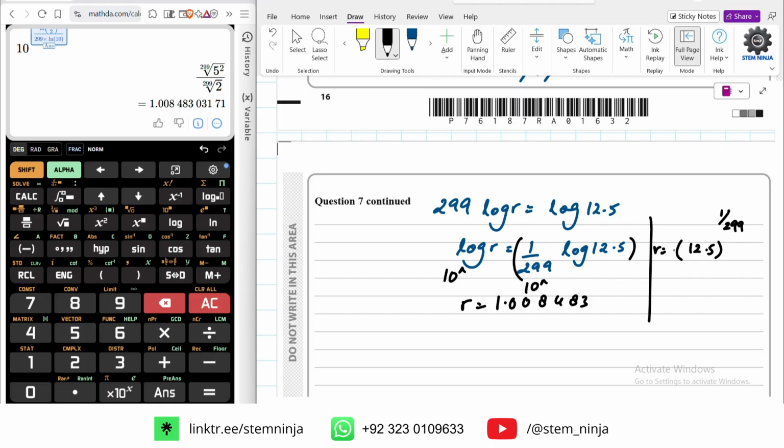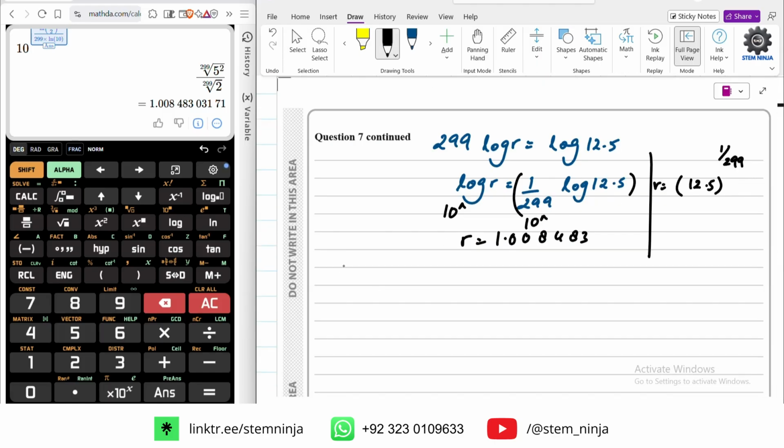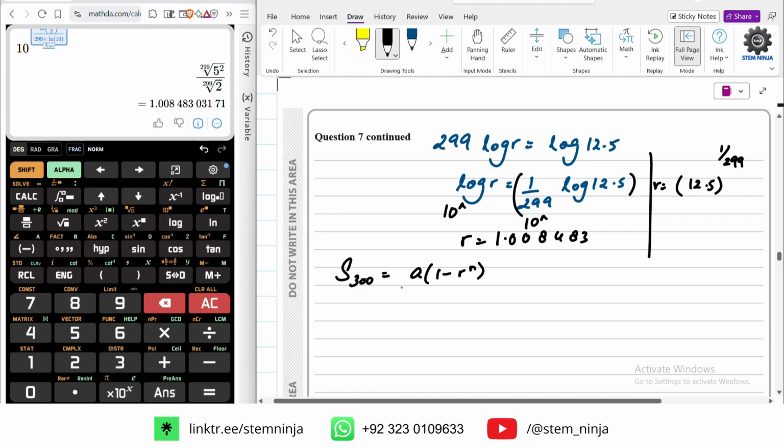R is equal to that. Okay. Now we need the sum to 300 terms. We have a(1 minus r^n) over 1 minus r.